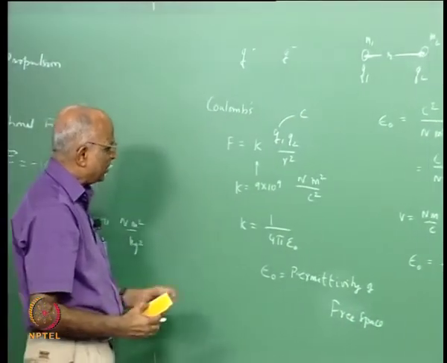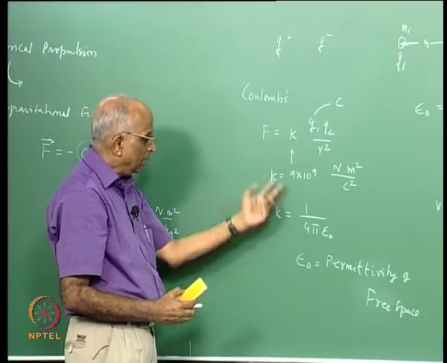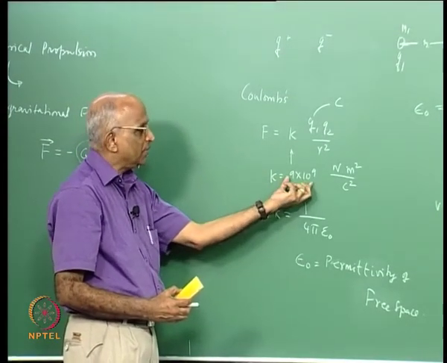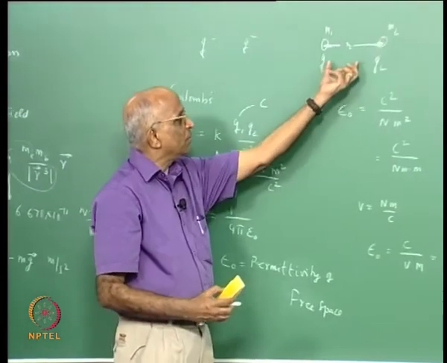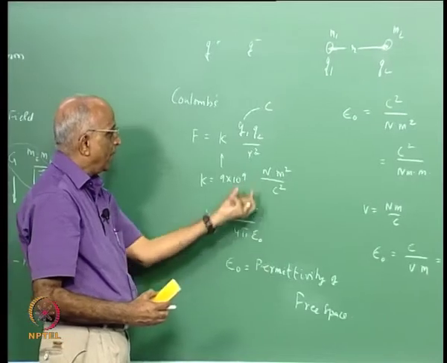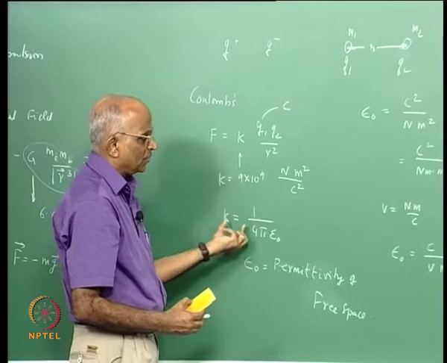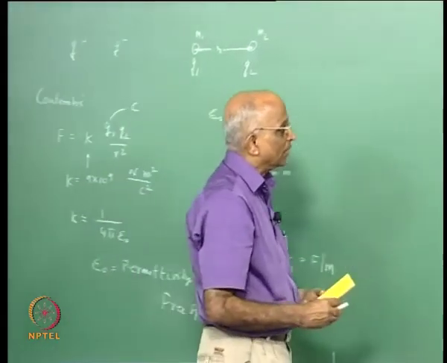Therefore, what is it we see? The force is given in terms of the permittivity, that is the ability of the space to hold the charge, in terms of epsilon 0 and the product of the two charges divided by r square. Therefore, let us summarize it on this side.